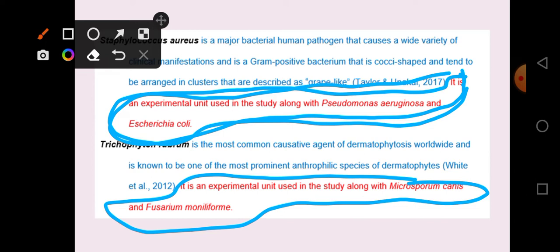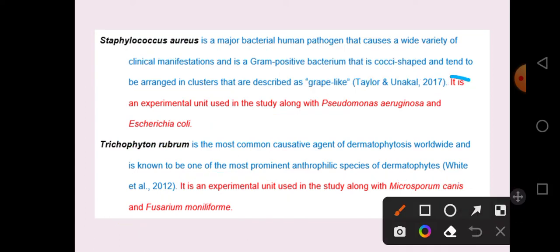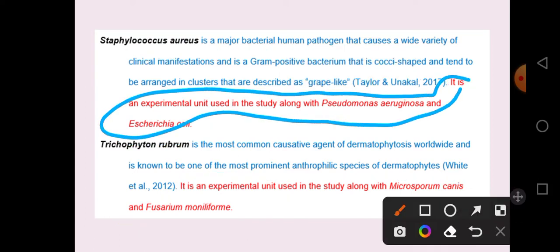So why is that? Notice, class, that the definitions highlighted in red give definition to our genus, or to our terms, based on how the researcher utilized the genus in their study. So this definition is subjective. This is based on the researcher.